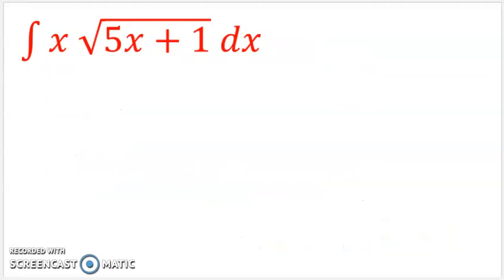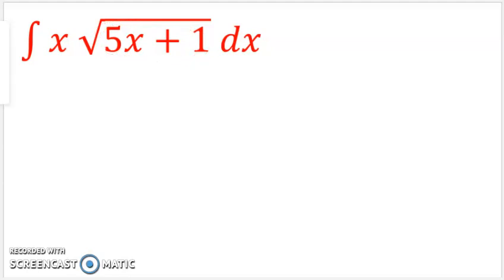For our next example, we have the integration of x times square root of 5x plus 1 dx. So as you can see, these two x's here, they have the equal exponent. So which one do we choose? So actually, we can choose this one as our u, since this is inside the square root.